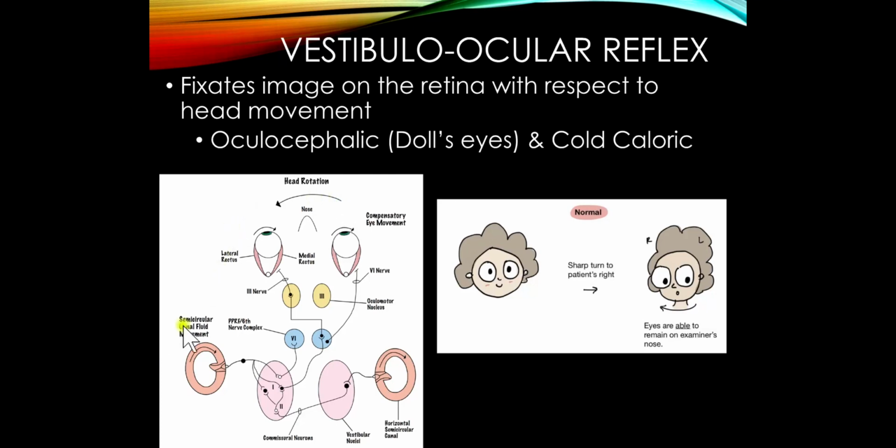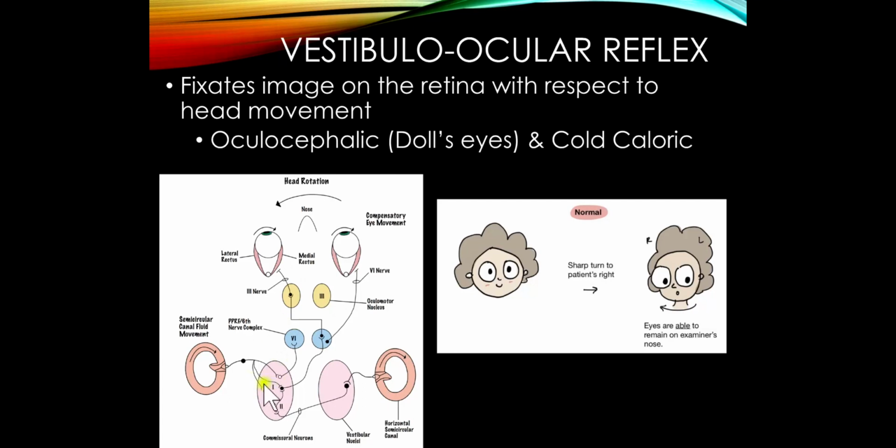What happens? Well, when you move your head to the left, it actually stimulates flow of endolymph in the semicircular canals in your inner ear. This happens in both ears. And so that information is converted to an electrical signal which synapses in the vestibular nuclei. In the subsequent slide, I'm going to explain all of this in more detail.